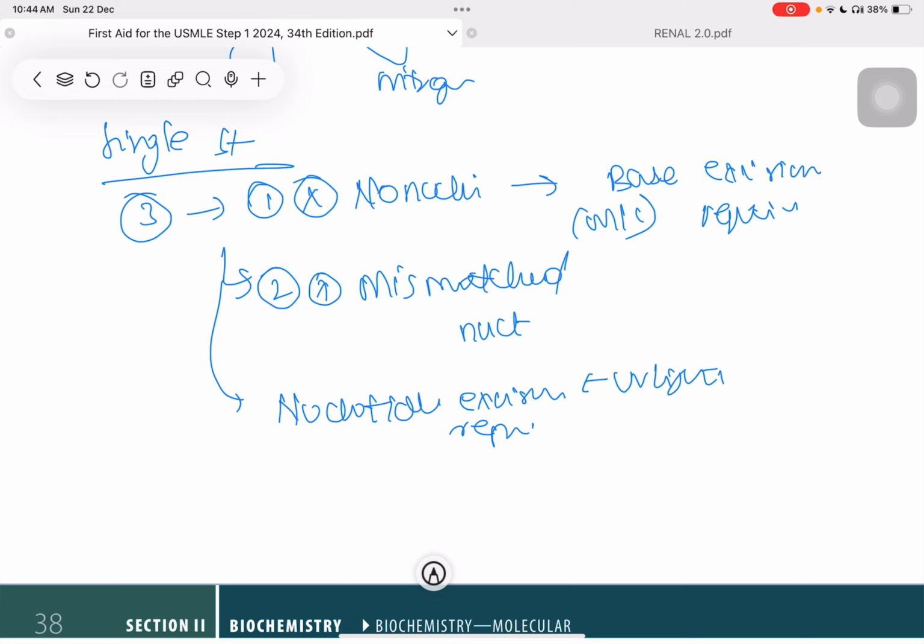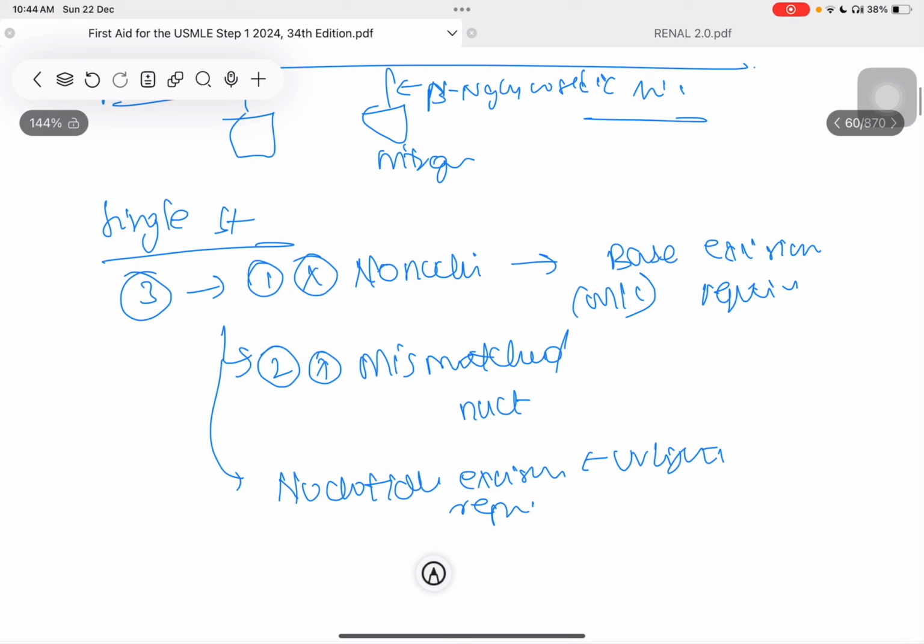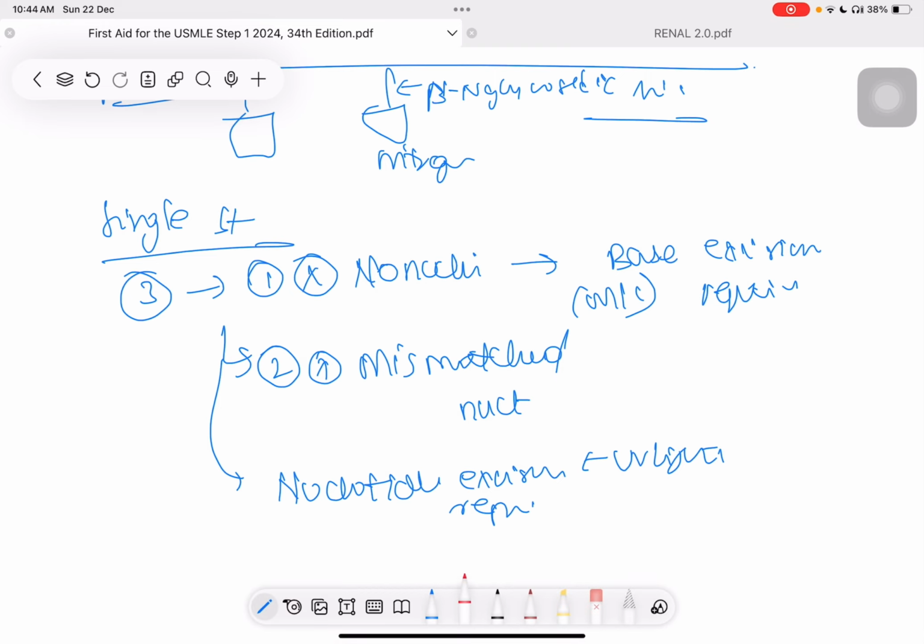In base excision repair, the main process includes endonucleases. The first action of endonuclease makes a nick over there, and you have DNA polymerases beta and epsilon, which create a new segment, and then you have ligase which seals it. That's it. Simple.